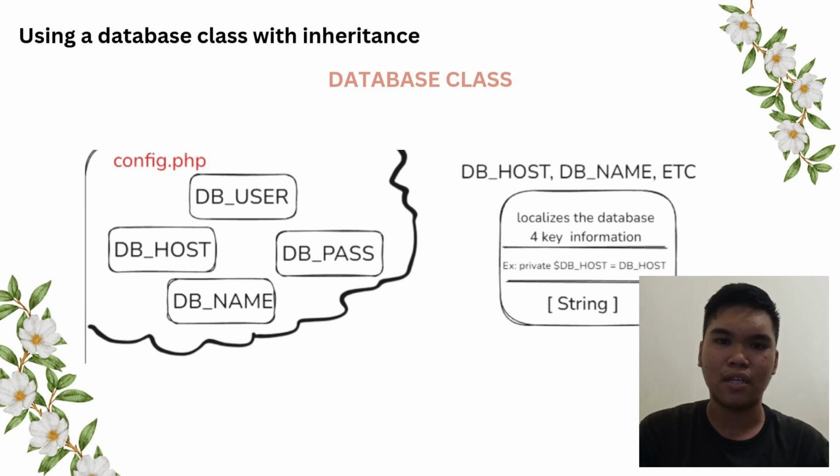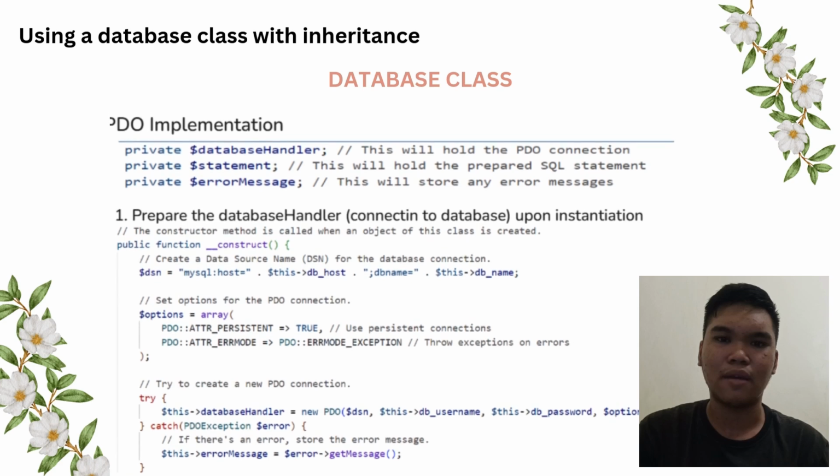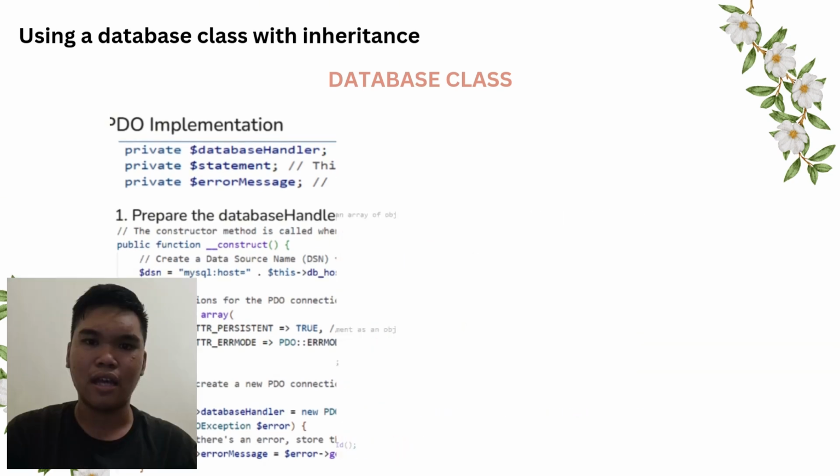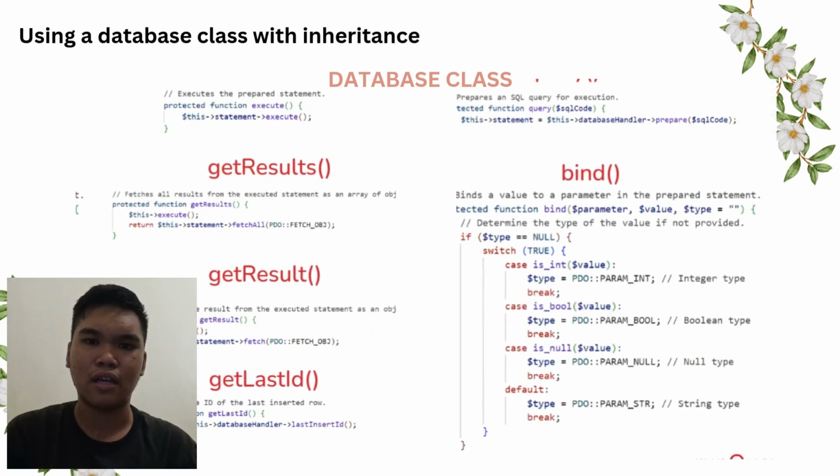Moving on, the database class handles the database connection by getting the global variables initiated in the config.php and creating the connection in the DB handler variable. Then, we also added core functions like query, bind, execute, getResult, and more for the child classes to use.